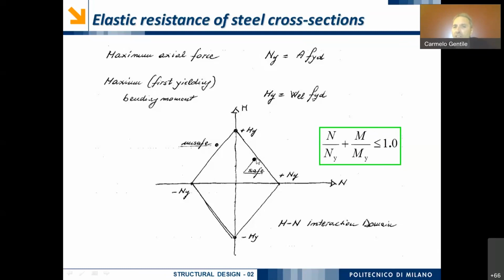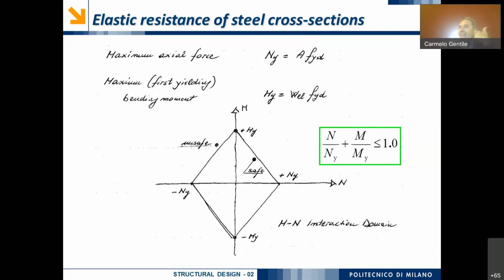Of course, if it is internal or belongs to the surface of the interaction domain, I can say that point is safe, so my elastic resistance check has had a positive result. Otherwise, if that point lies outside the interaction domain, then we are in an unsafe situation.